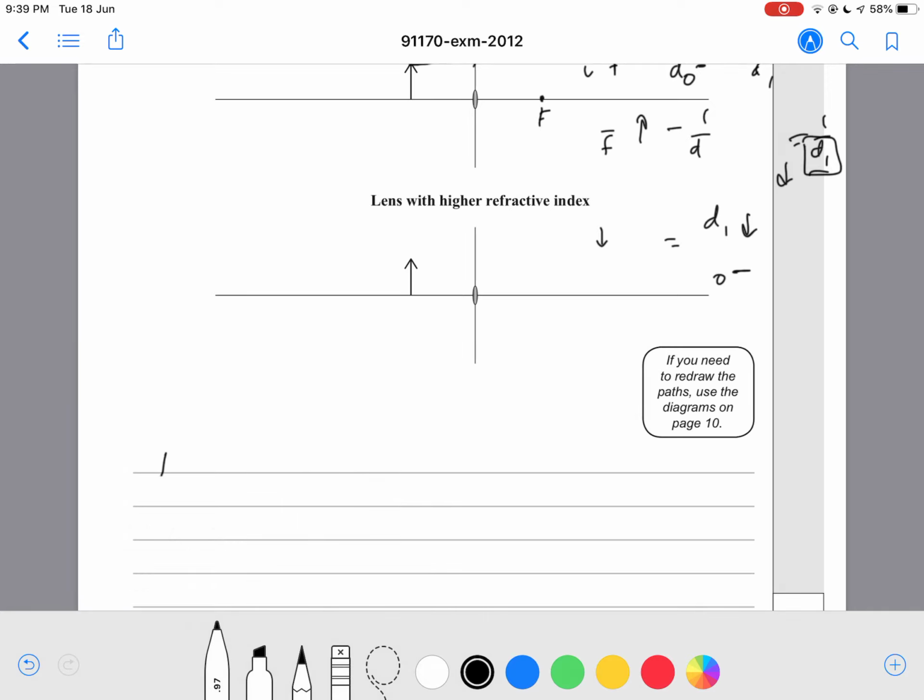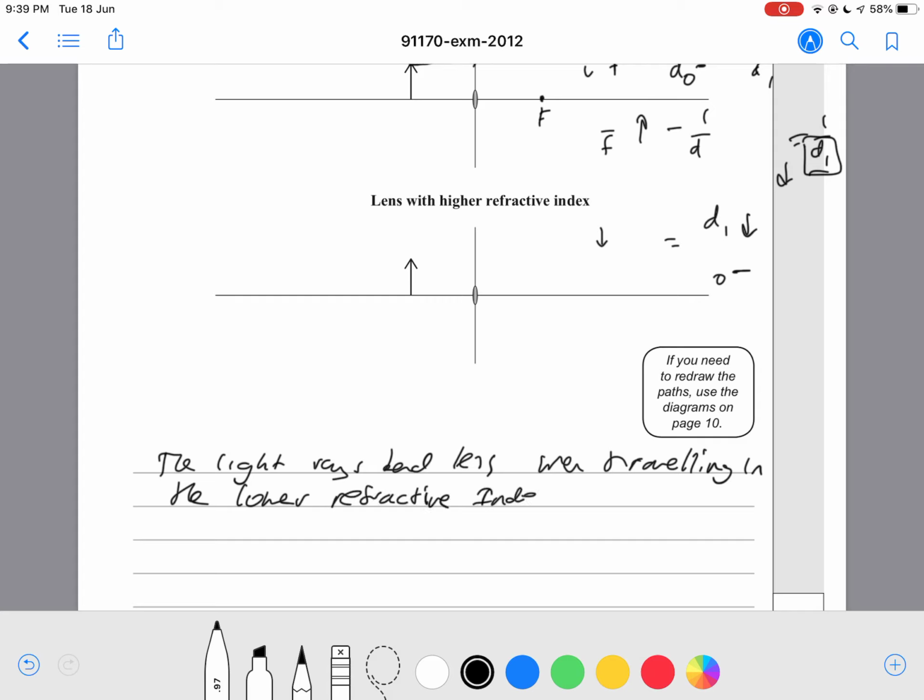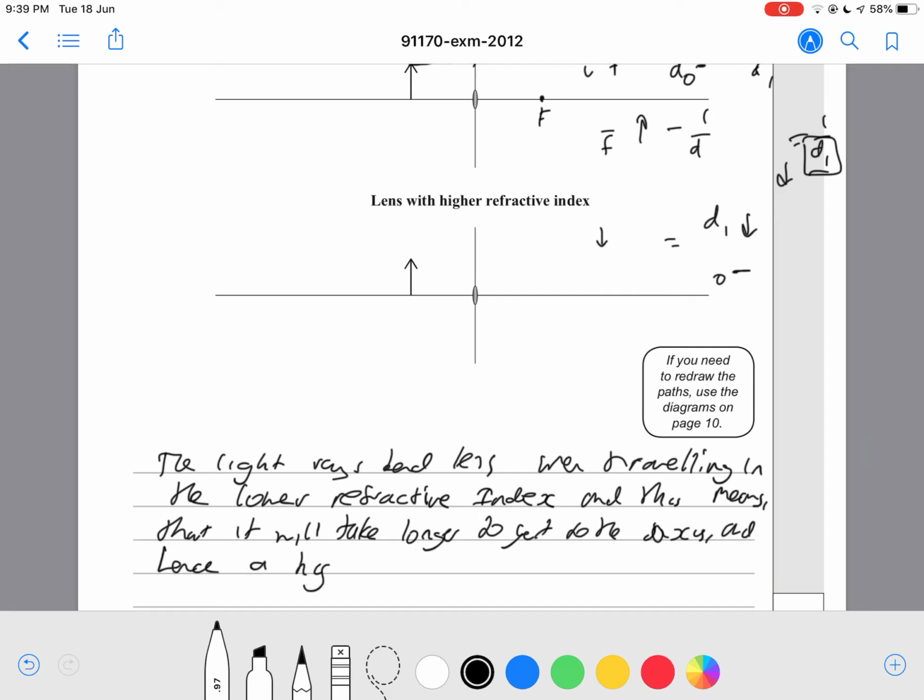Because we're going to say the light rays bend less when traveling in the lower refractive index, and this means that it will take longer to get to the axis and hence a higher focal point.